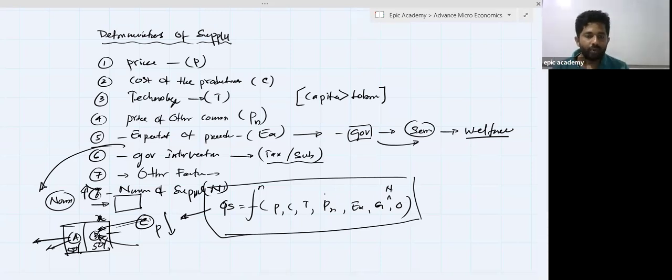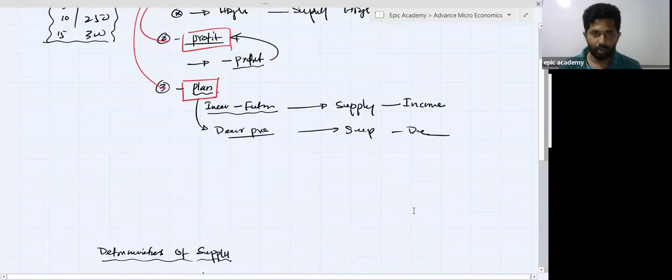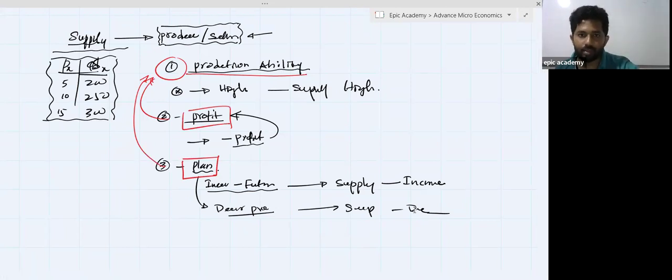Now we have to identify the law of supply. We already discussed the determinants, the main factors which affect the amount of supply at various prices. First are production ability, profit level, and the plan.